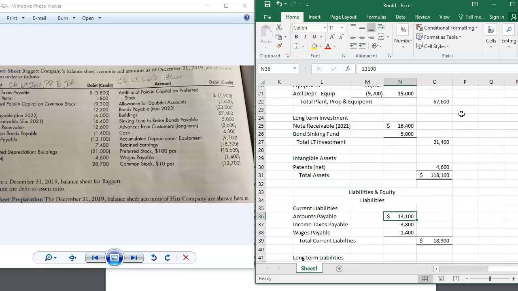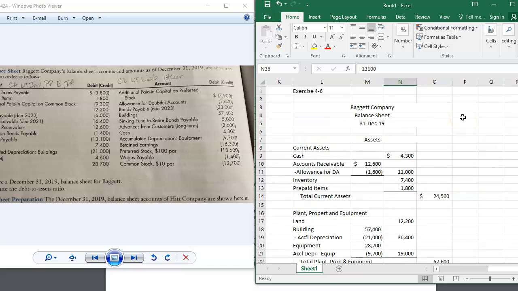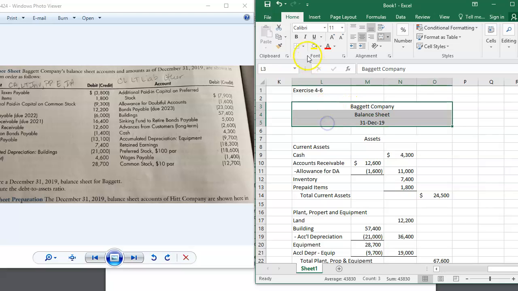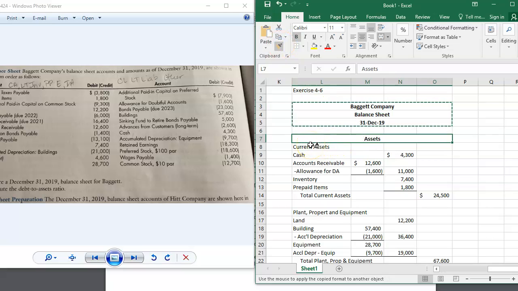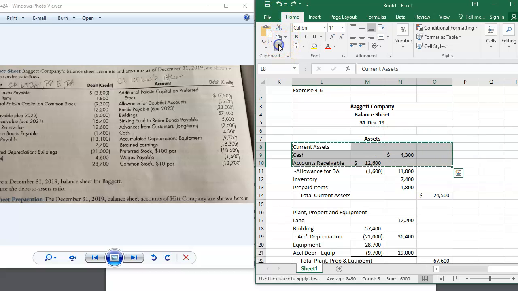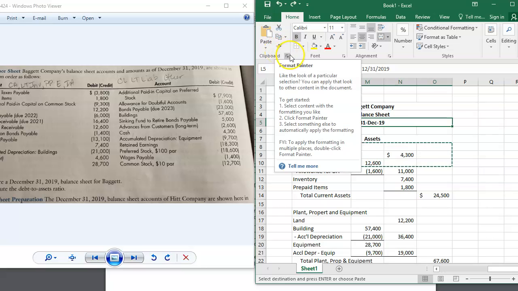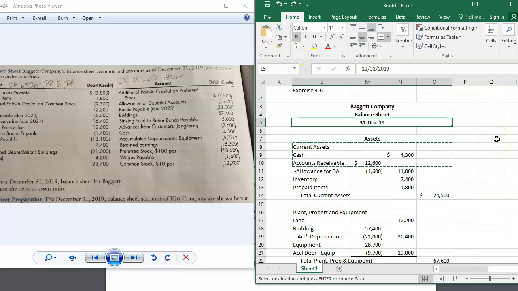Is it fixed? Yes. Okay, so then you can make some things bold if you want to. I mean, that always helps it look a little better. And I could do the format painter if I wanted to. Except I don't want to. I'm going to stop now. Thought it was off. Okay, so anyway, there you go.